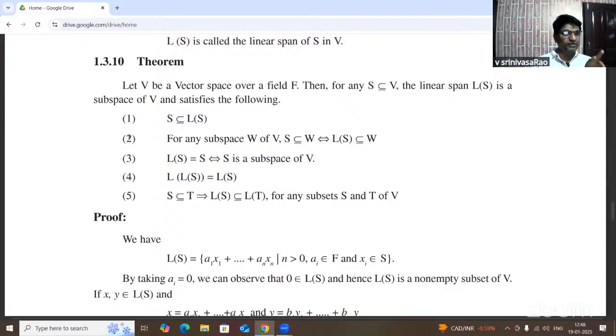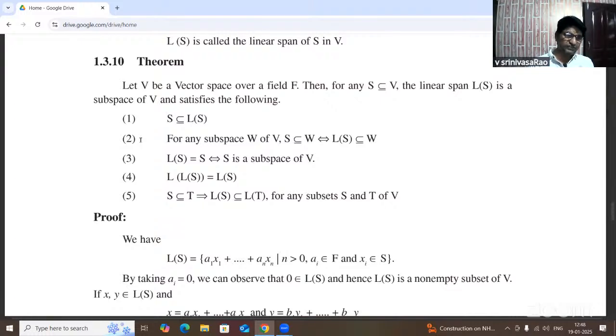Any two vectors must be closed under vector addition, that is, x plus y belongs to W of F. That non-empty subset of a vector space is denoted by W of F, so W of F is contained in V of F.